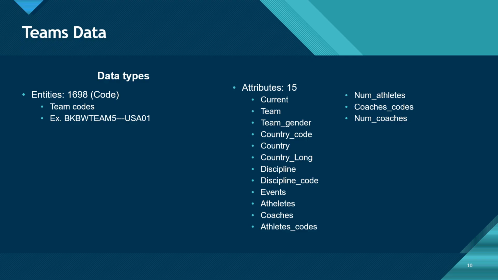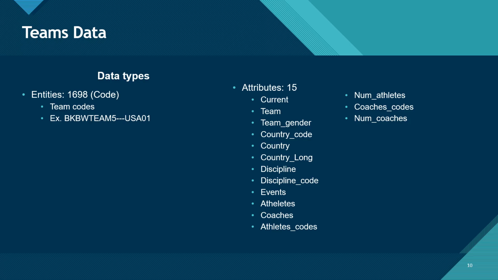In having a look at the dataset for teams data, we find 1,698 entities. These are the team codes, an example being BKBW Team 5 USA 01. This is for the US women's basketball team.